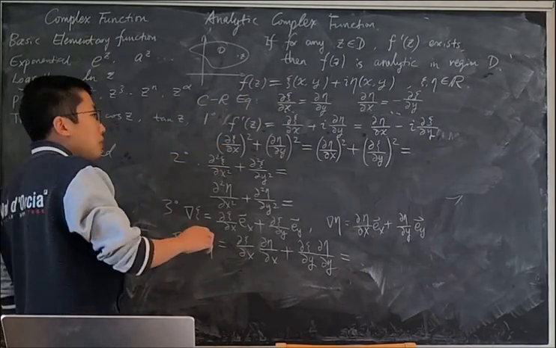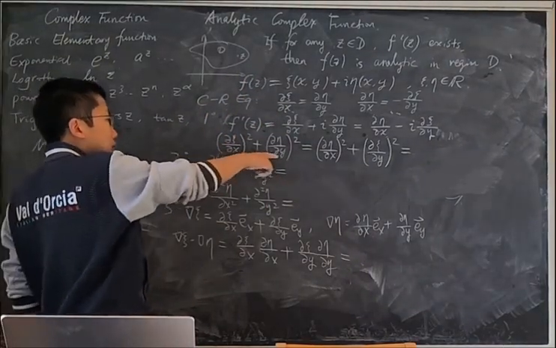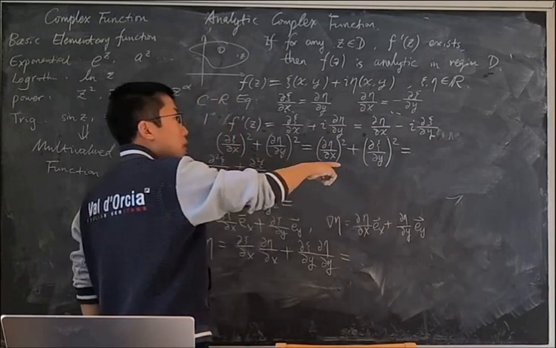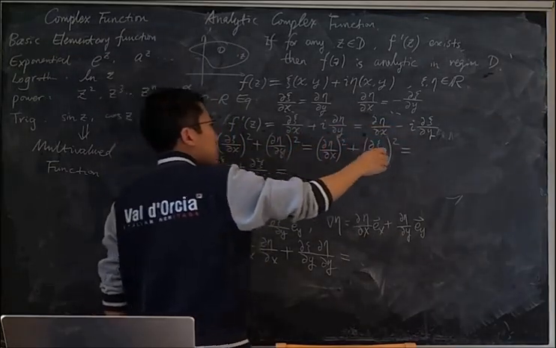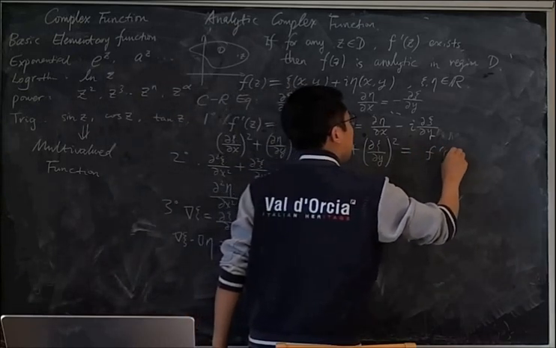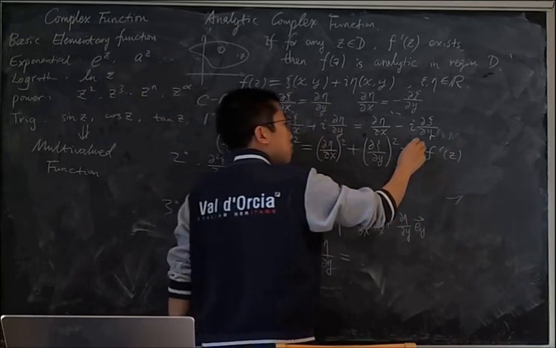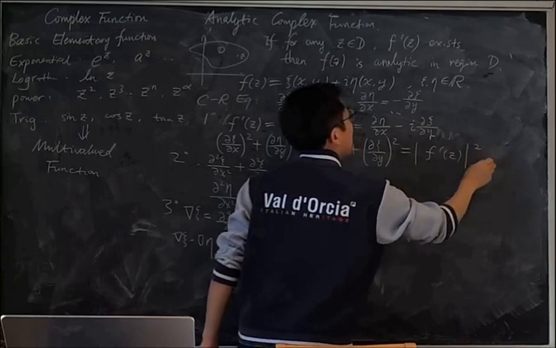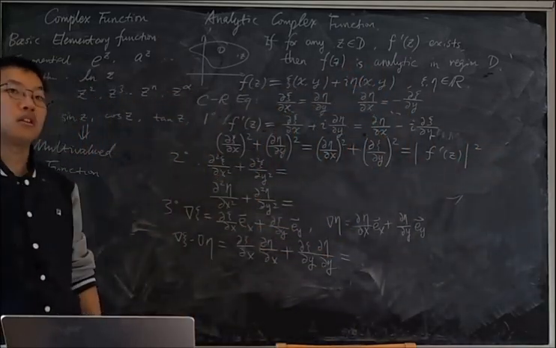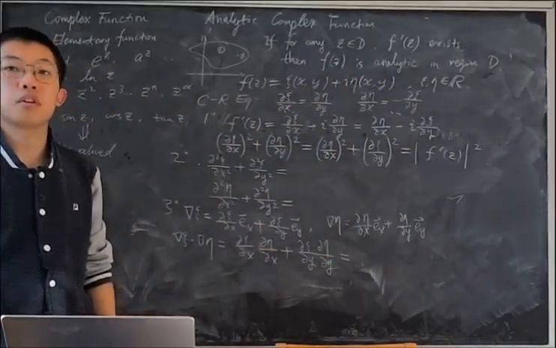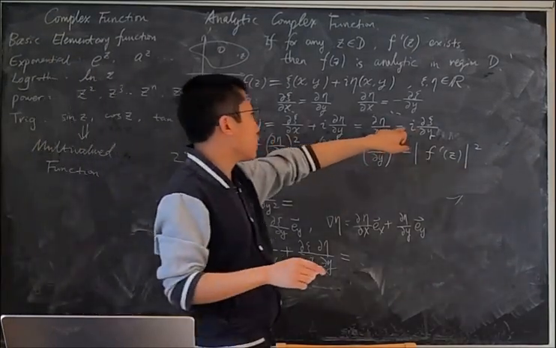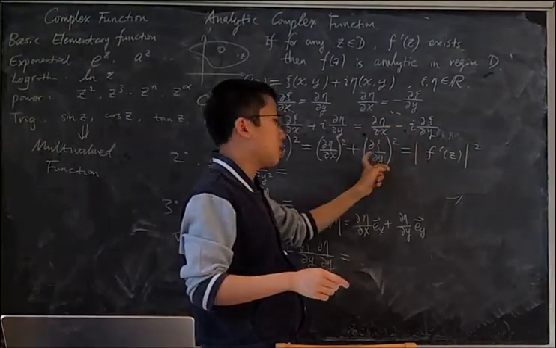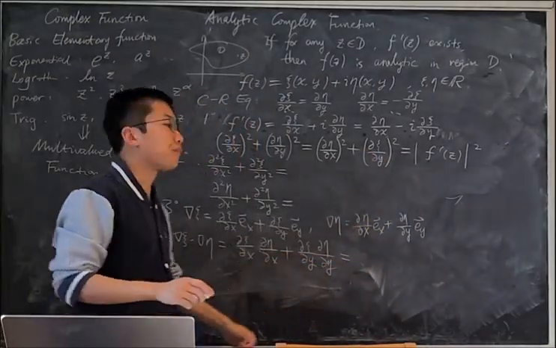So obviously from this identity, both quantities should equal the absolute value of this derivative to the power of 2. It is the absolute value squared, thus it's real part squared plus imaginary part squared. Here is a negative sign, but in the square, the negative sign doesn't really matter.